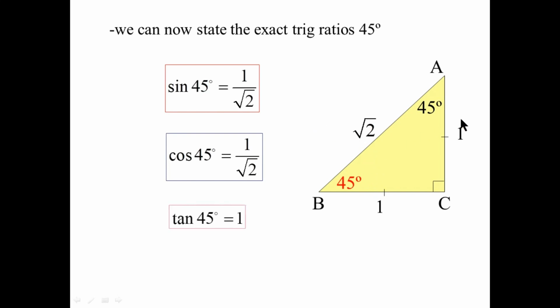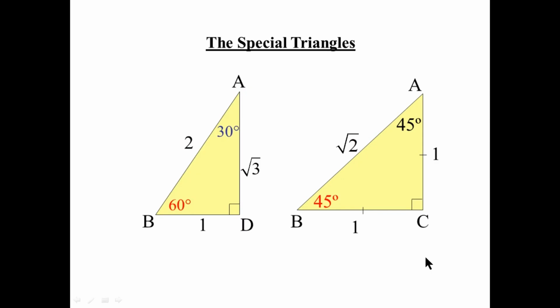And tangent 45, opposite over adjacent, which is 1 over 1. Let's call that 1. And so a student's task is to memorize these two triangles, because from these triangles we can get the exact trig ratios of the special angles.